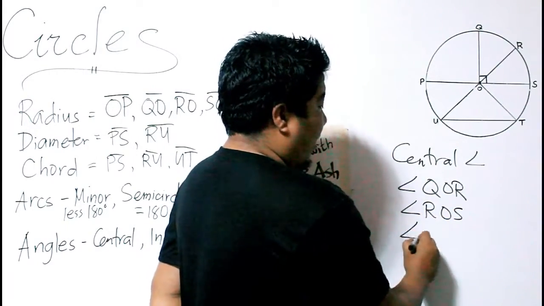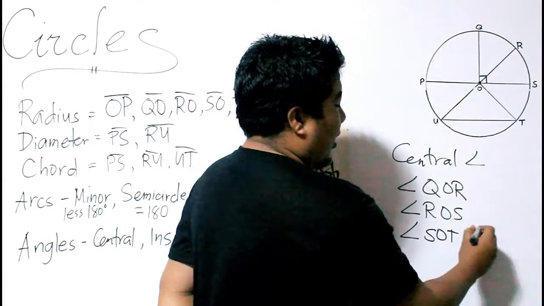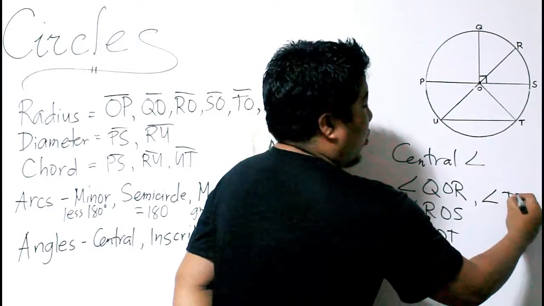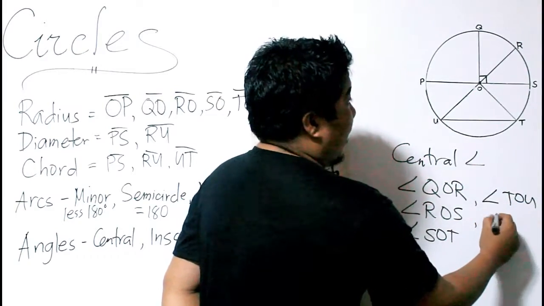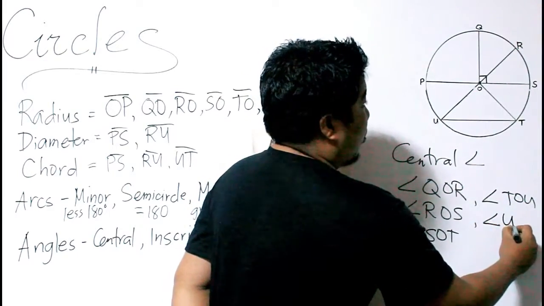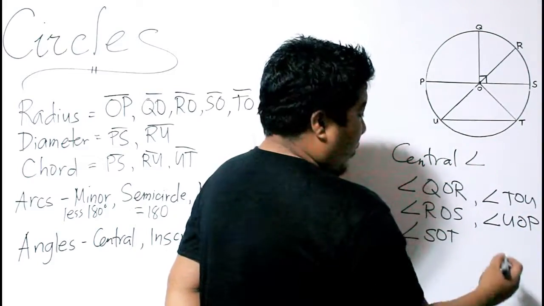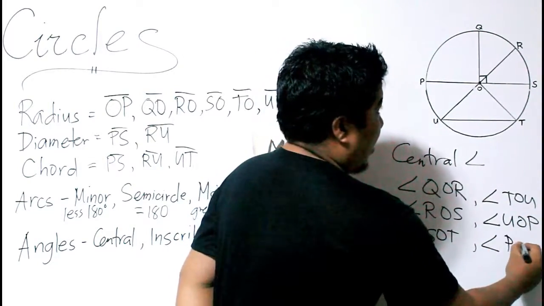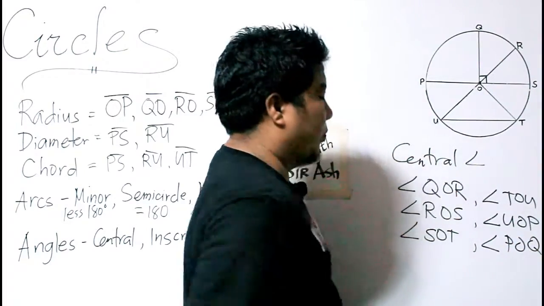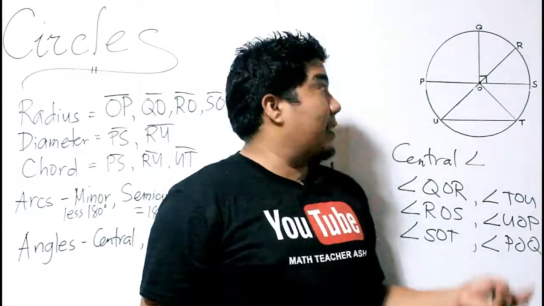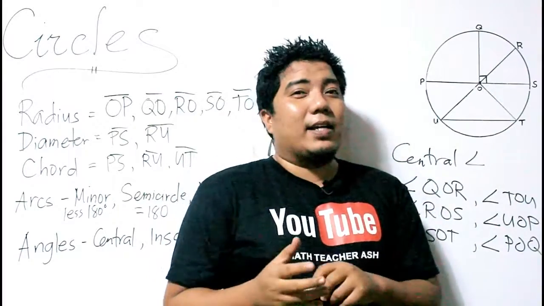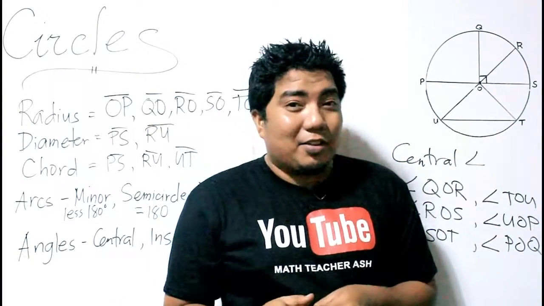We can have angle SOT. We can have angle TOU. We can also have an angle UOP. And we can also have an angle POQ. So those are the central angles in this given figure. Remember, central angles is just angles in the center.